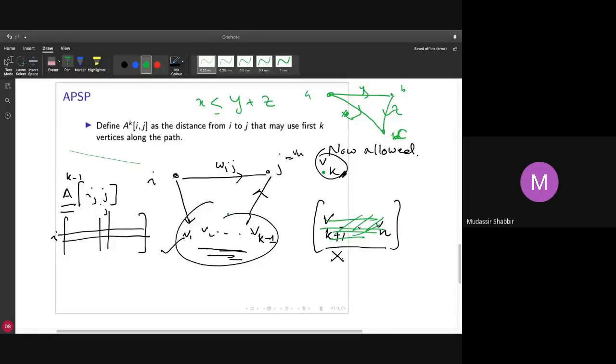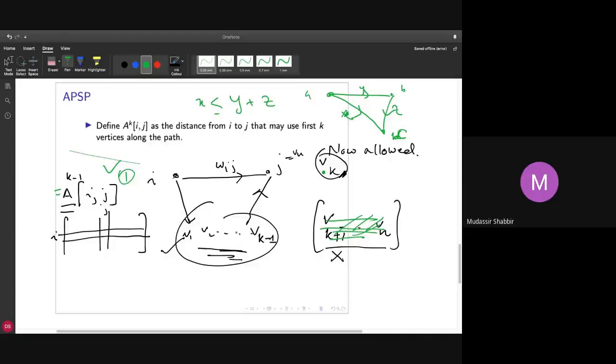So that case, we already have the solution. We already know that this is what we were looking for. So this is one option. If the shortest path does not go through k, this is going to be our distance.